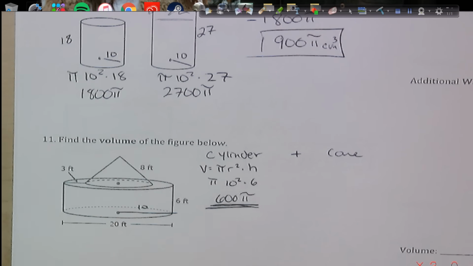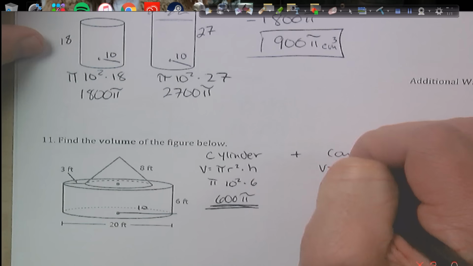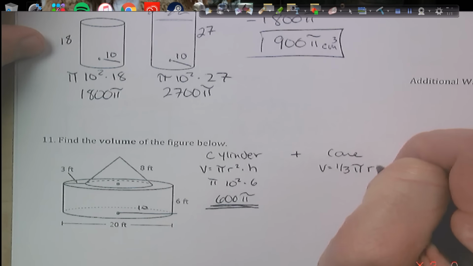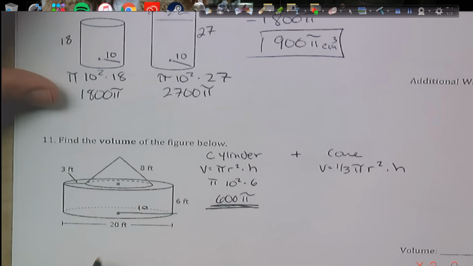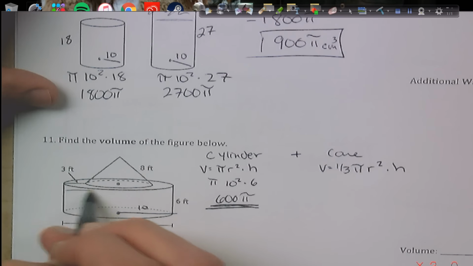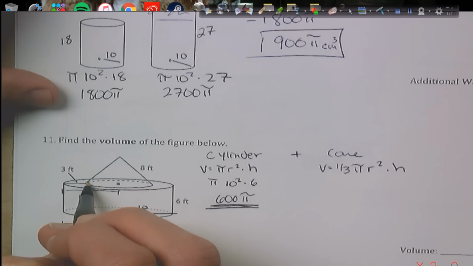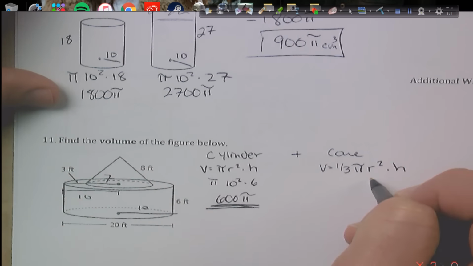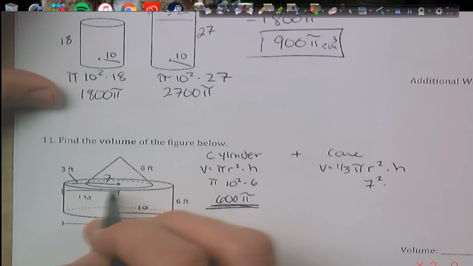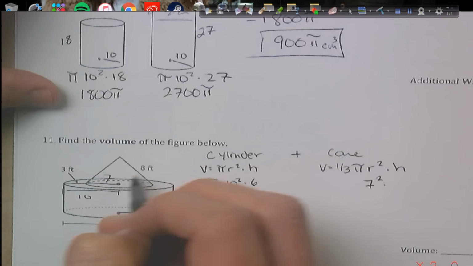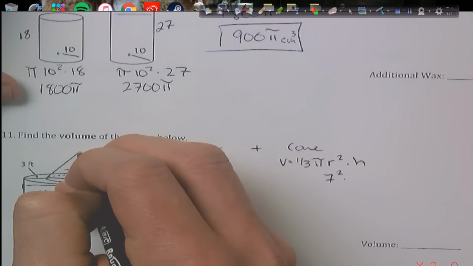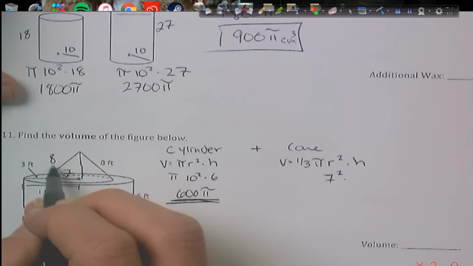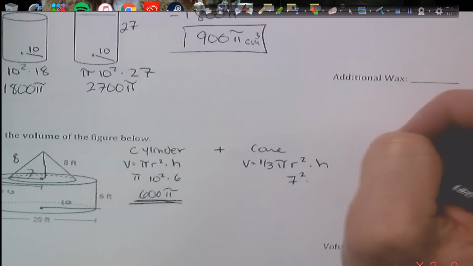Now this one, the cone's a little trickier. We've got 1/3 pi r squared times height. Now I don't have a height here, and I don't know the radius either. If we know from here to here is 10, the radius here is going to be 7. And we've got 7 and 8, so we have to use some right triangle rules to figure out what this is. So with 8 and 7, we're going to use the Pythagorean theorem over here.